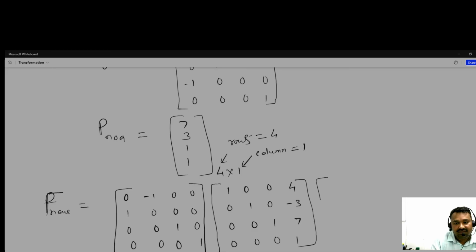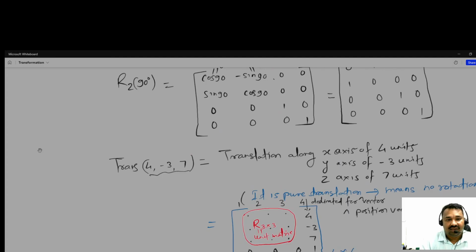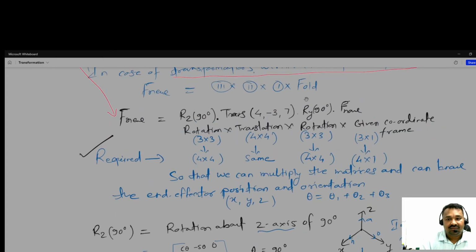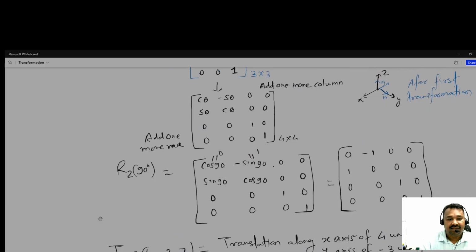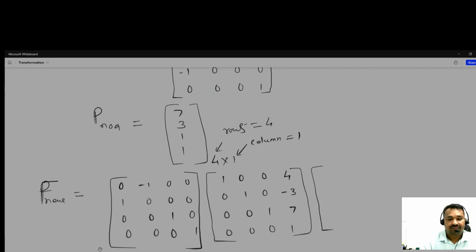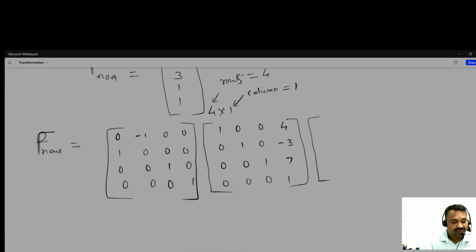Okay, next is what? Next is rotation about y-axis of 90 degree. This we can confirm here once again. So rotation about y 90 degree. So 0 0 1 0 here, 0 1 0 0, then minus 1 0 0 0, then 0 0 0 1 here.